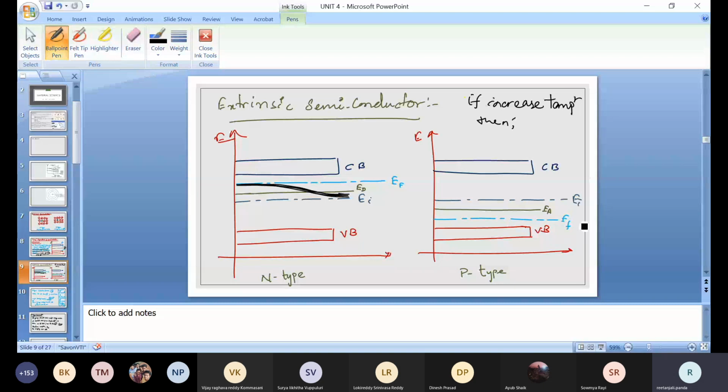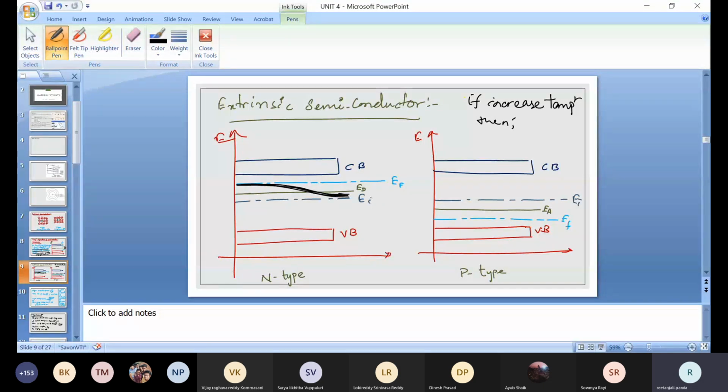Now, as I told you here, if you increase the temperature, then what will happen? More electrons are going to break the covalent bond and jump to the conduction band. So free electrons are jumping from the valence band to the conduction band. More holes are going to be created in the valence band, and more electrons are going to be created in the conduction band.